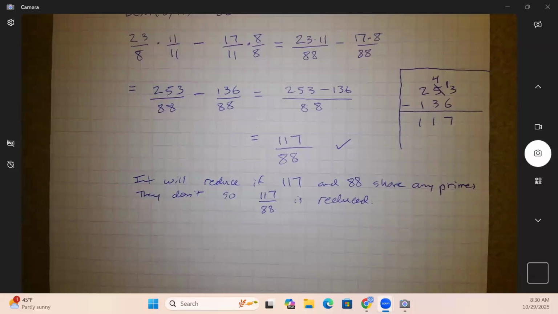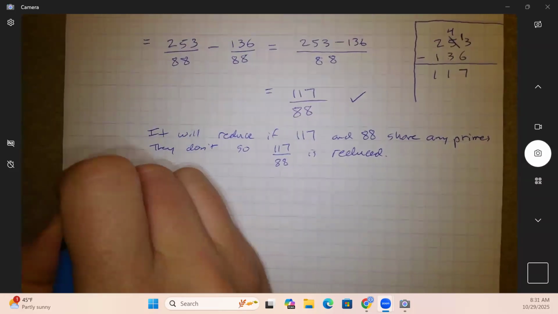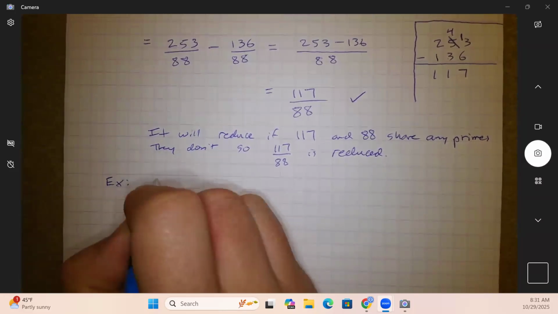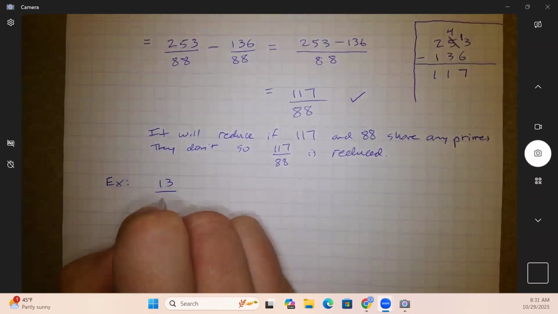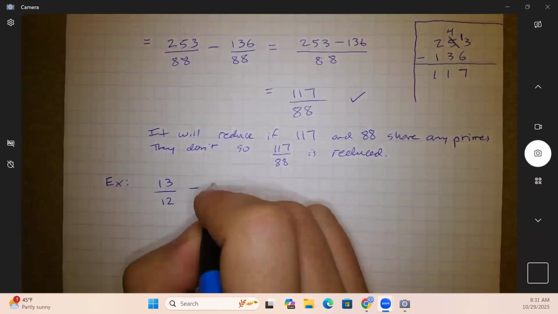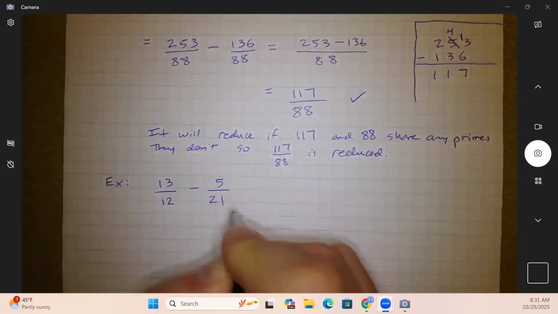One more example, and then we'll put the two ideas together, solving equations with fractions. Let's subtract 13 over 12 minus 5 over 21.